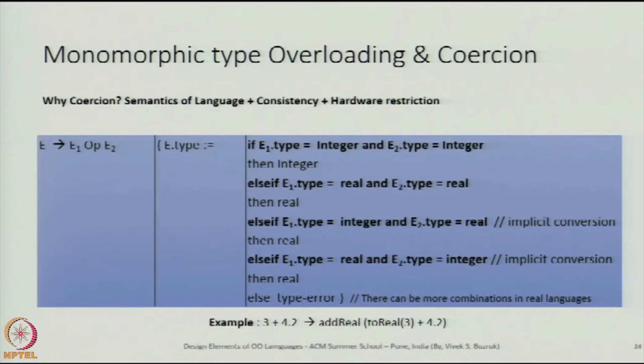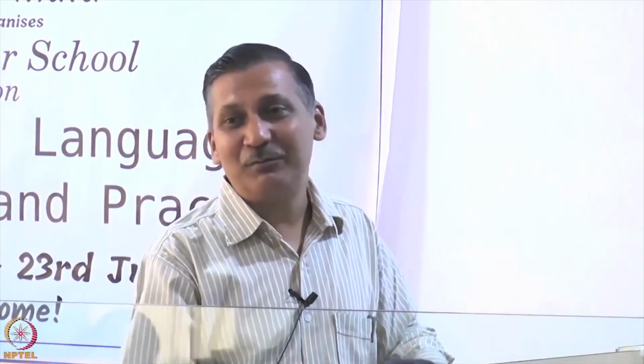Let's look briefly at how these type checkers work to some extent. Okay. But before I talk about that, whenever we talk about int star float, why do we say that the int has to be promoted to float, or the int value is changed to float? Why is it required? Because there are no operations in the hardware which allow mixing of integer and float. Definitely it is the language that defines it, but there are no operations within the hardware which allow you to mix, otherwise you have to do it in software and it will become too expensive.